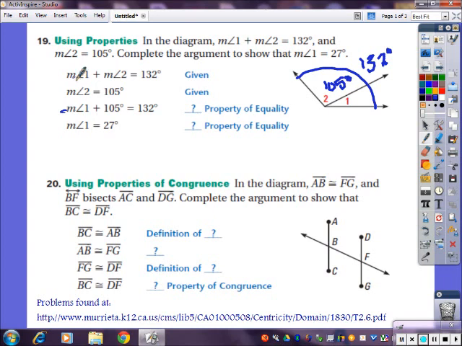So it looks to me like what they did was they took the first statement and rewrote it, except when they got to measure of angle 2, they replaced it with 105, which is what measure of angle 2 equals. Anytime they replace something, that's called substitution property of equality. So what would go here is substitution.